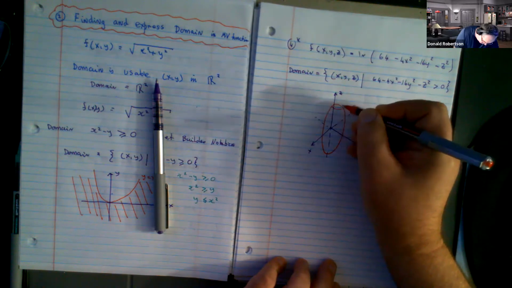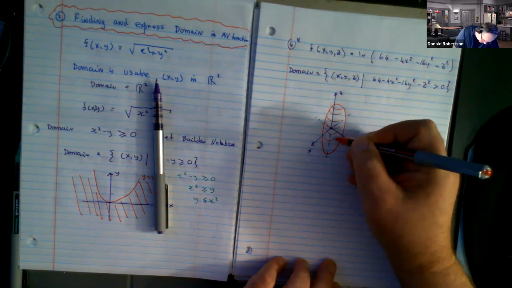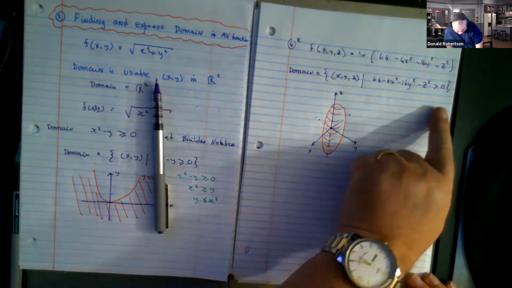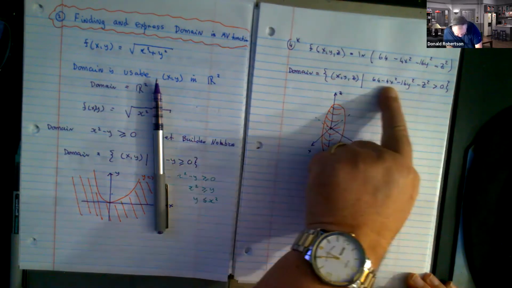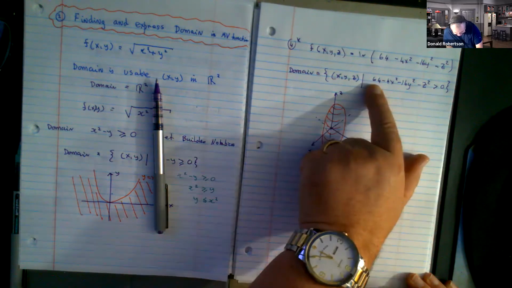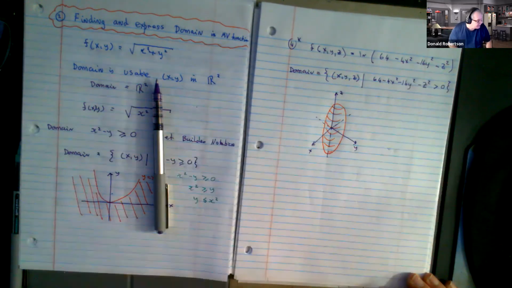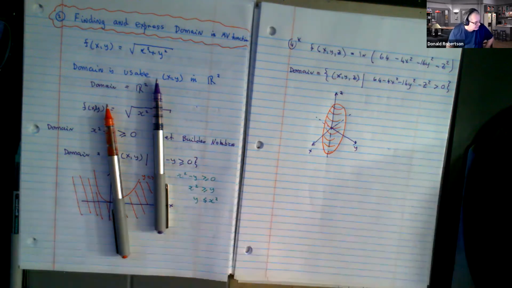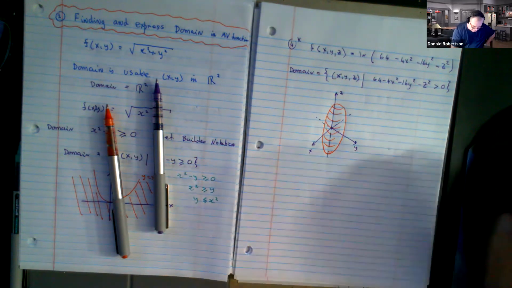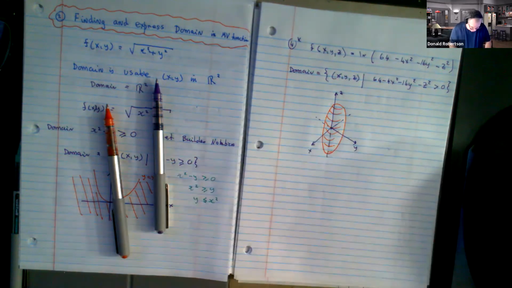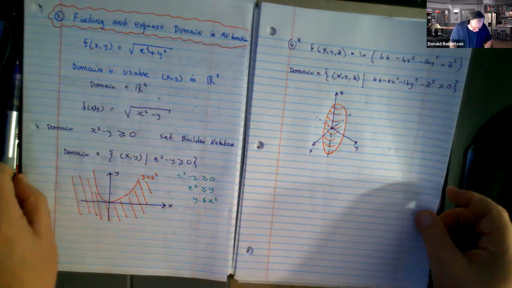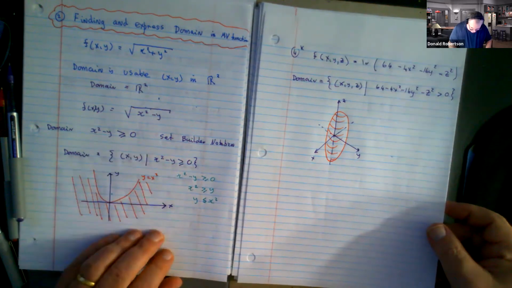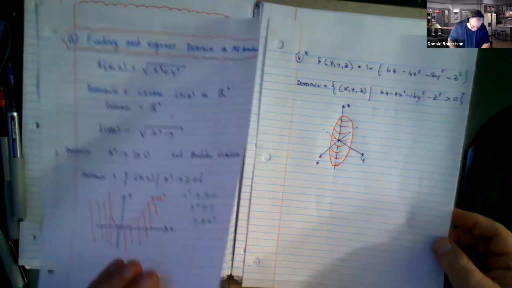Imagine, well, kind of looks like that. And you're interested in basically just describing the boundary. Now, since you want all of this to be greater than 0, technically speaking, it's the points either inside the boundary or outside. But that's a little bit hard to draw in such a simple picture. And that's how you find and express the domain of a function.